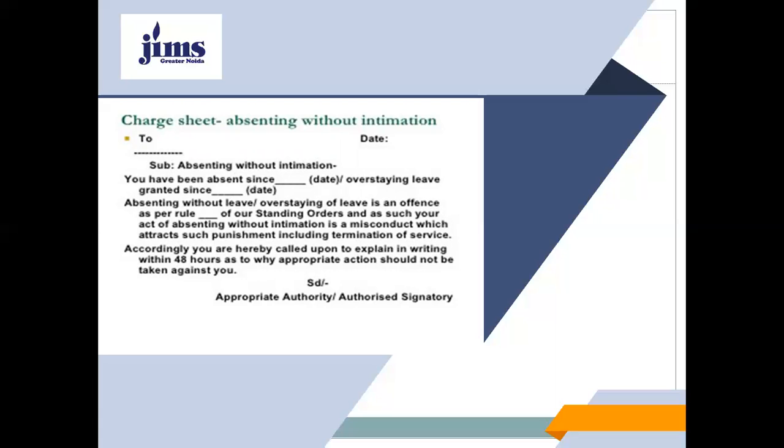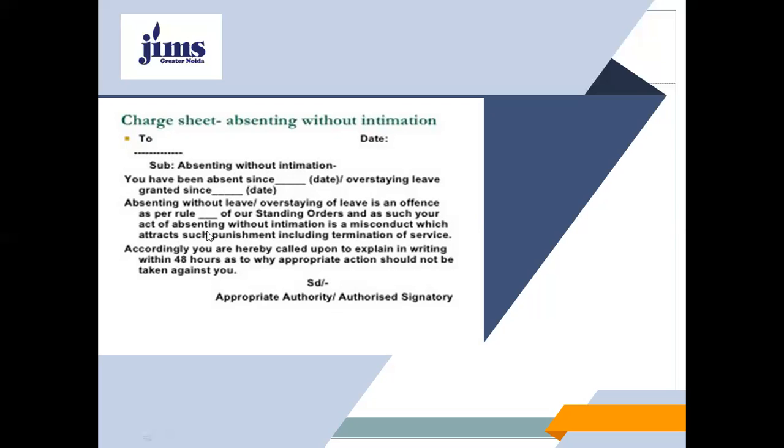You will mention the rule number of our standing orders, and as such your act of absenting without intimation is a misconduct which attracts such punishment including termination of service. Accordingly, you are hereby called upon to explain in writing within 48 hours as to why appropriate action should not be taken against you. In that way, you can use this format for issuing a charge sheet while a workman is absent without intimation.